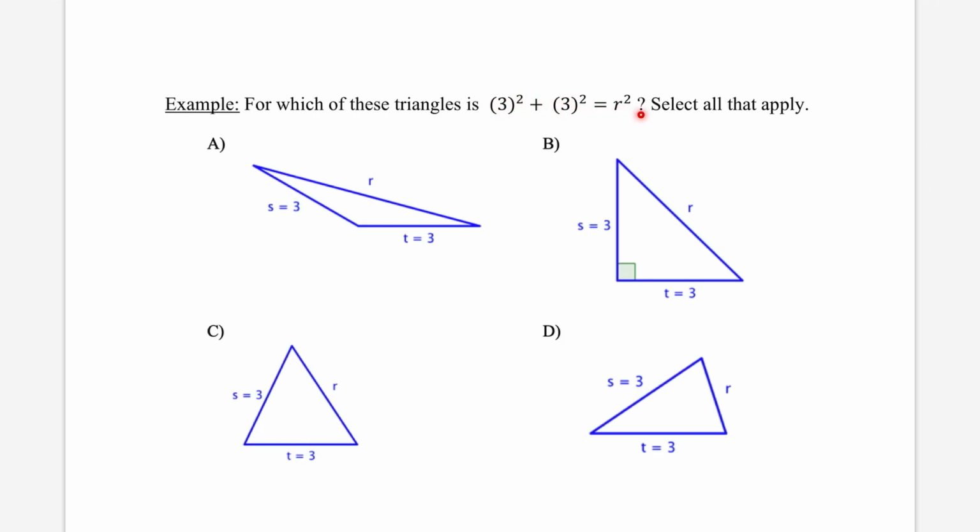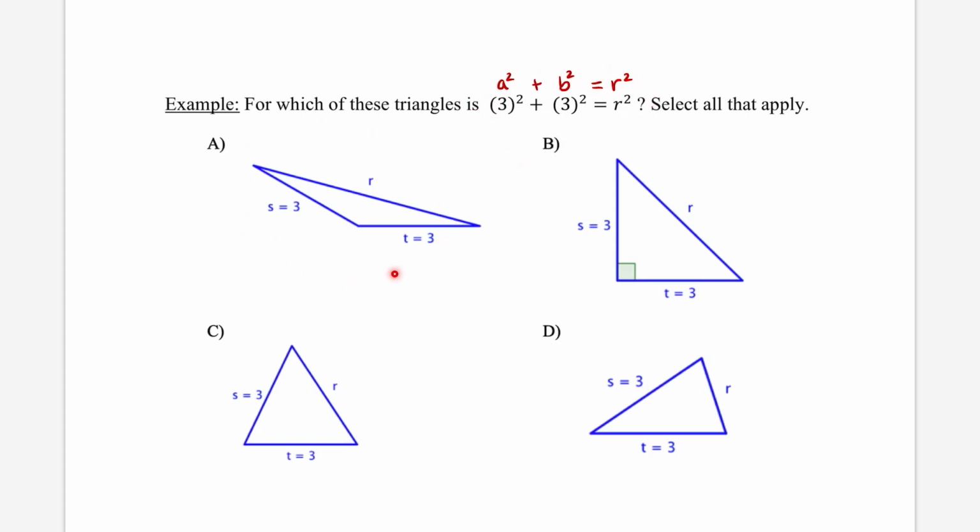So this looks like the Pythagorean theorem, and the Pythagorean theorem will only work with a right triangle. So if I can find a right triangle where one leg is 3, the other leg is also 3, and the hypotenuse is r, then this will apply to that right triangle.